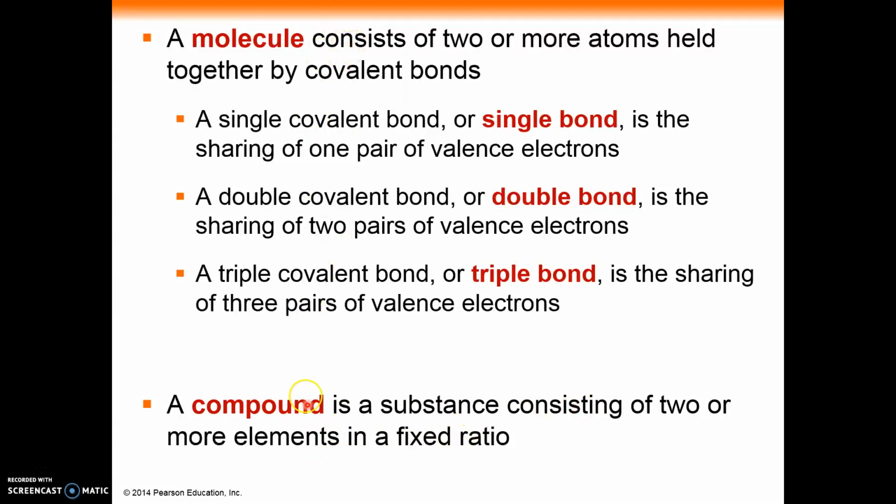Are these the same thing? Not necessarily. Okay? You can have molecules that could also be considered a compound. But you can also have compounds that are most definitely not a molecule, and you can have molecules that are most definitely not a compound.